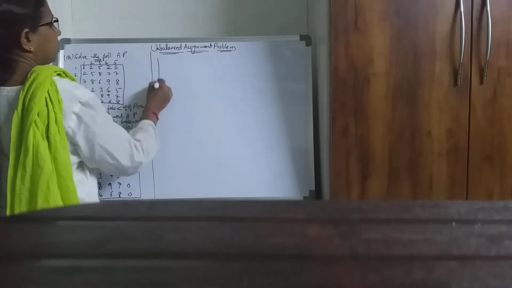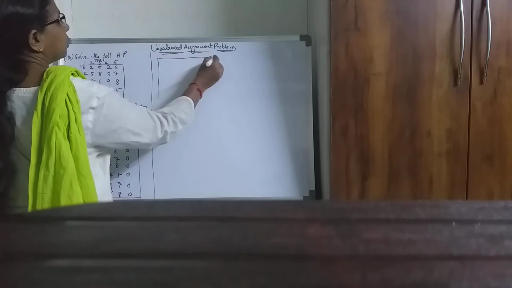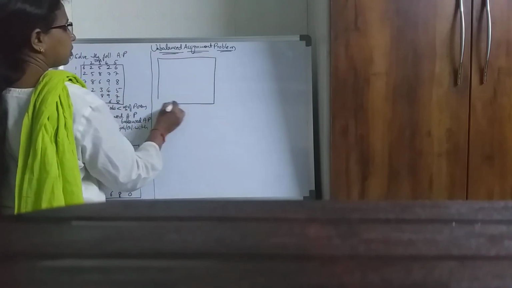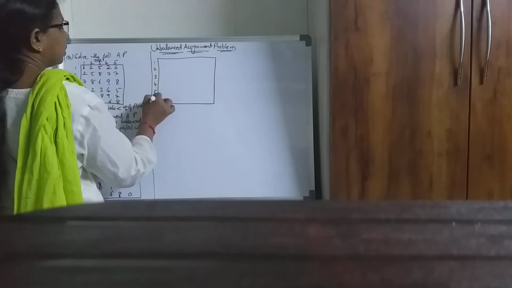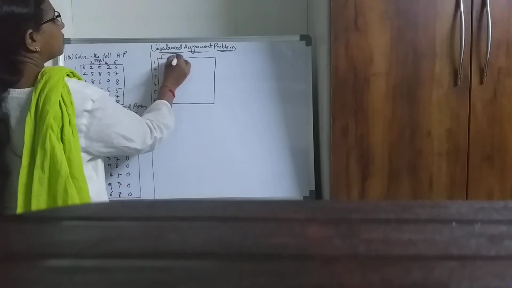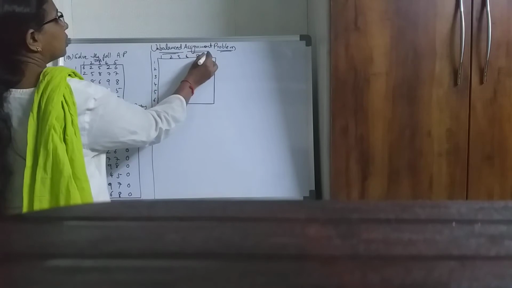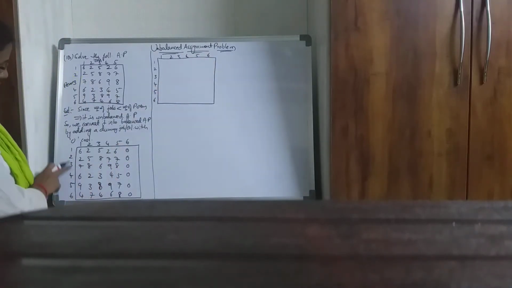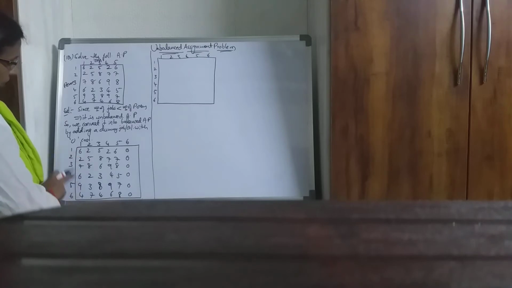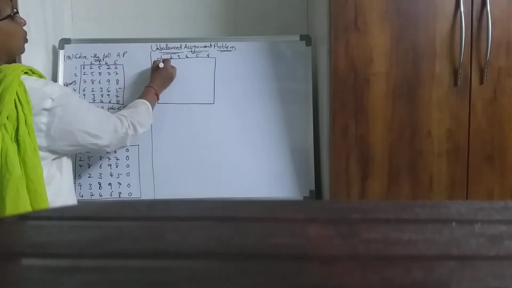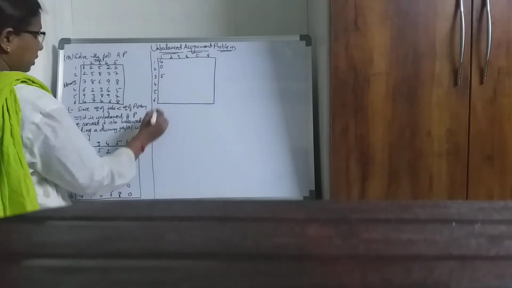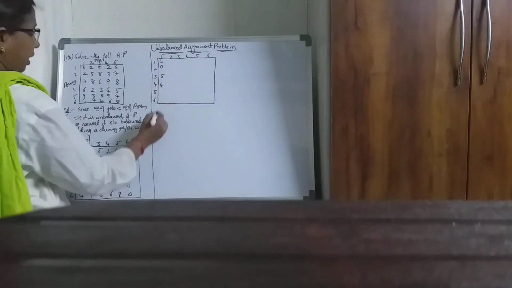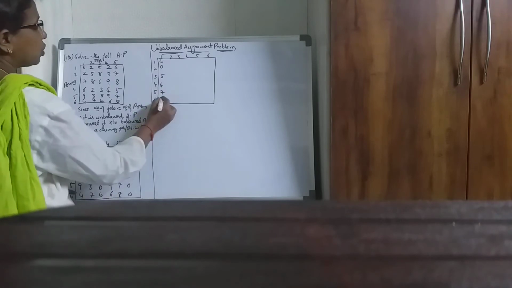So here I will draw it. First column minimum is 2, so subtract this 2 from all the elements of that column. 6 minus 2, 4. 2 minus 2, 0. 7 minus 2, 5. 6 minus 2, 4. 9 minus 2, 7. 4 minus 2, 2.